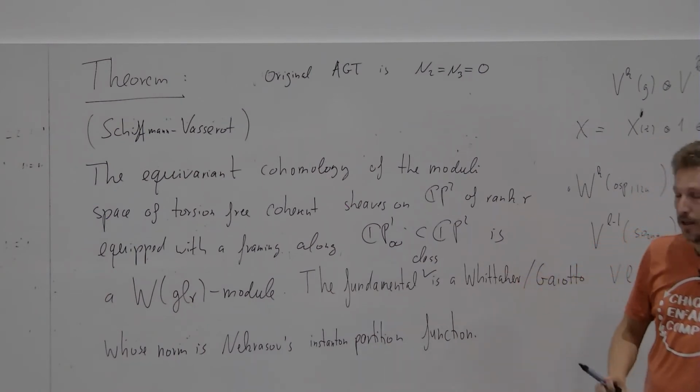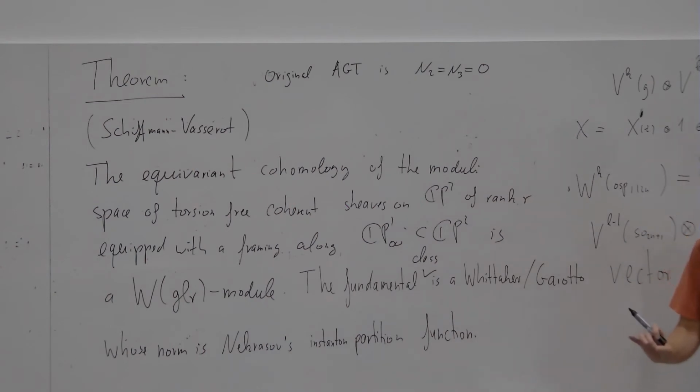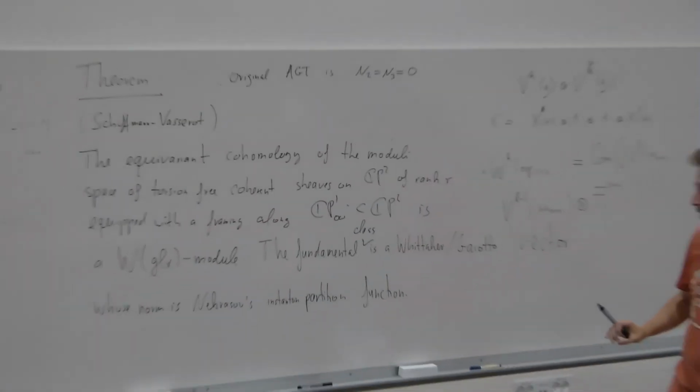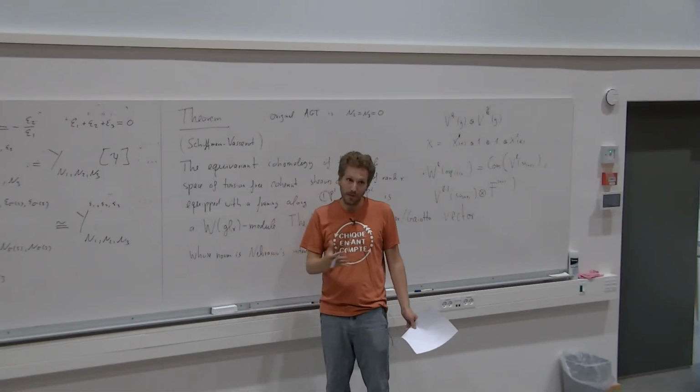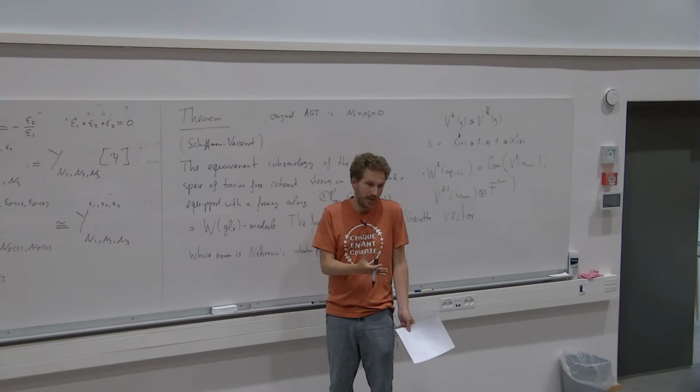And it turns out the fundamental class is not a vector in the module, but in the completion. Right, it's an infinite sum. Anyway, you have a natural pairing on the module via correspondences, which allows you to take the norm. The norm becomes then a formal power series because it's an infinite sum.